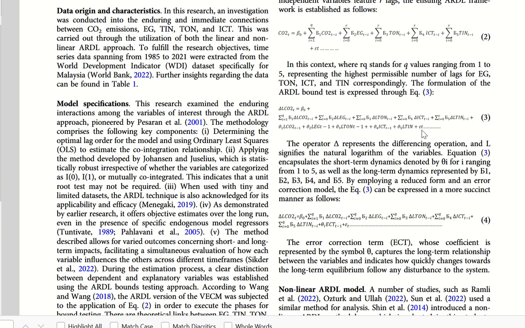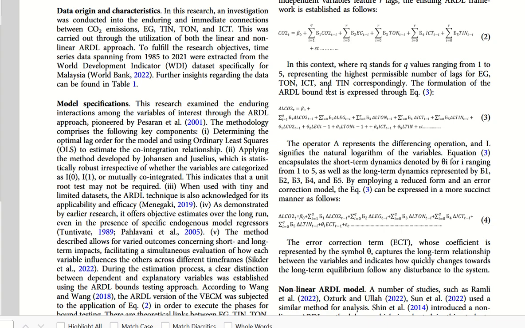ECT, the error correction term, shows the speed of adjustment. It tells how quickly the system returns to equilibrium after a shock. If ECT is significant and negative, the model is stable. In this area, we just learned about the ARDL.